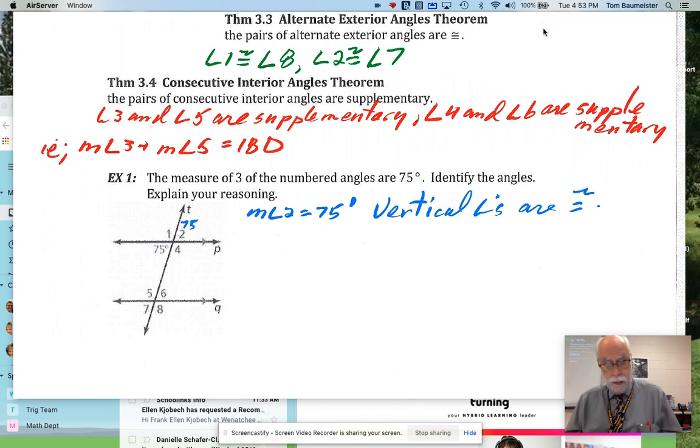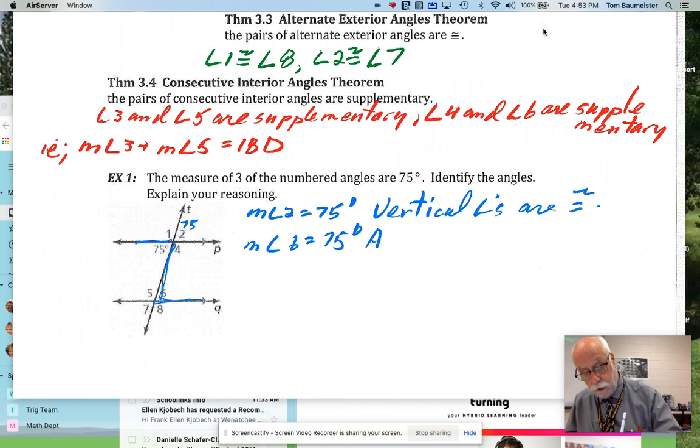Let's look at stuff that we just talked about. If we think about it, angle 6 is equal to 75 degrees. What did I just draw there? I drew a Z, and they're alternate interior angles.